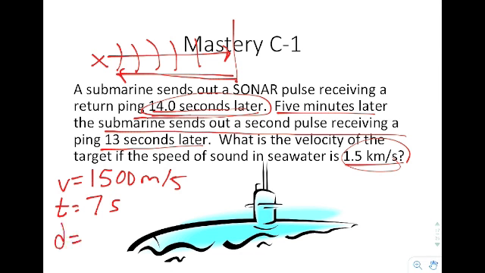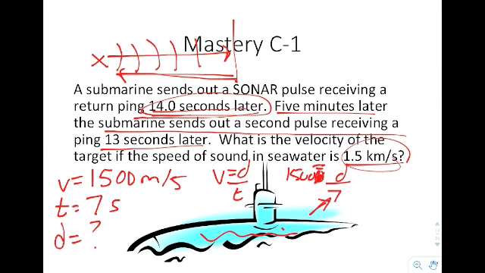We can calculate the distance using v equals d over t. We plug in our value. We get 1500, not 15,000, equals d over 7. Whenever we multiply those out, we're going to get our value for the first ping. We're going to get the distance the submarine is originally at.